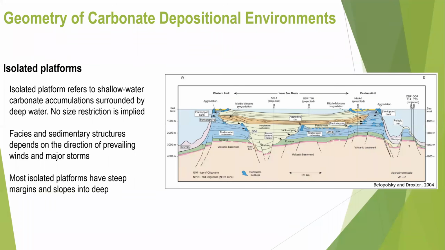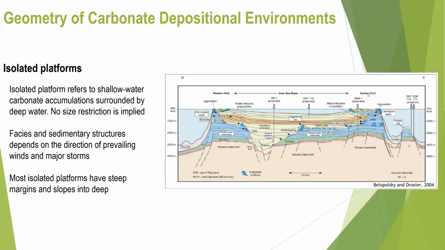Another type of platform are isolated platforms. This type of platform is actually isolated in different parts, in different locations. For example, they are surrounded by deep marine, but depending on the direction of the wind, we have different lithologies.